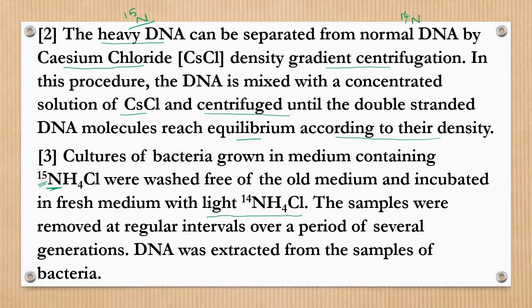As we discussed in the first point, the bacteria are grown in a medium containing a nitrogen isotope. The nitrogen isotope alone cannot be kept, which is why it is present in ammonium chloride.